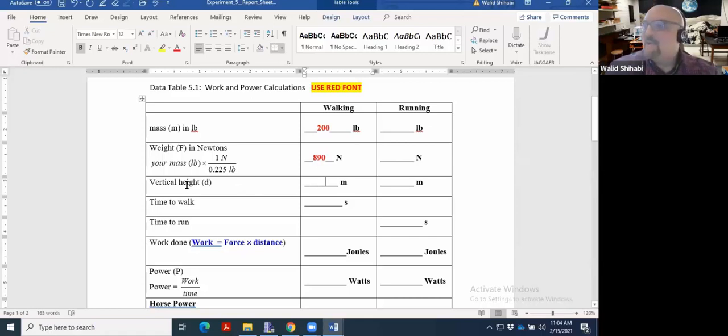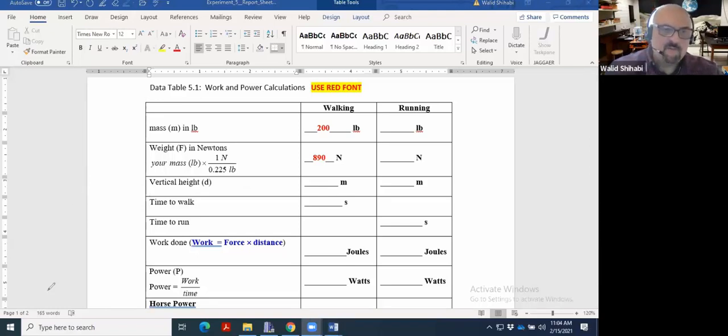Now, how can you calculate the height of the flight of stairs? You need to figure out the height of the flight of stairs. Now, if you have a ruler, a small ruler, of course, you cannot measure the whole height. So to measure the height of the flight of stairs, let me show you here.